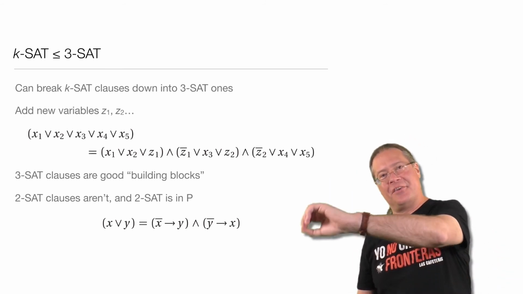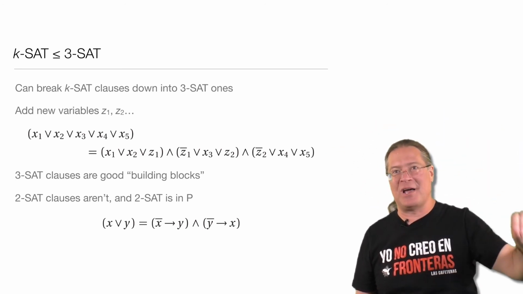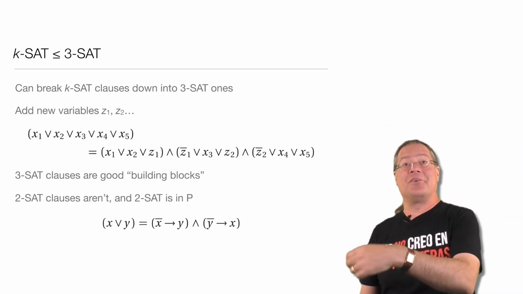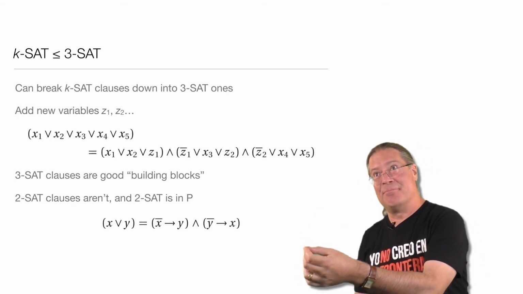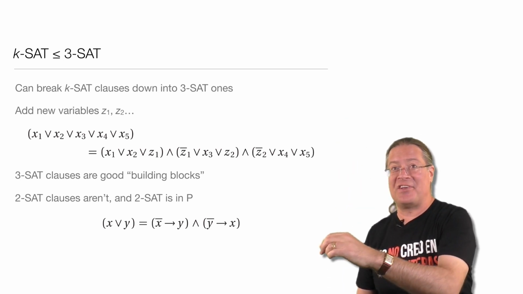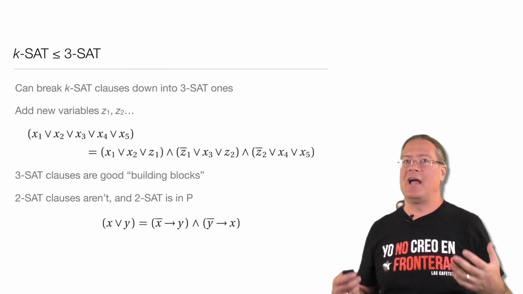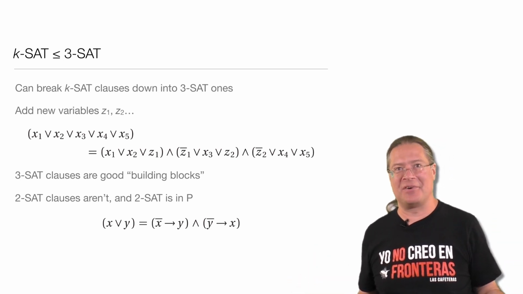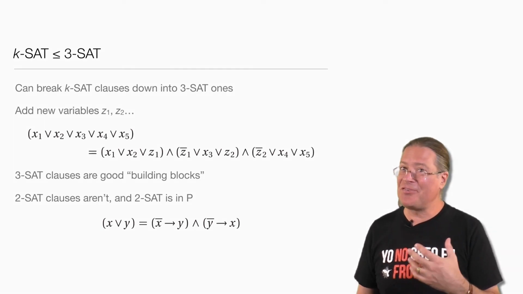If assuming X is false causes something else to be true, which causes something else to be false, which circles back to setting X true, but that causes some other chain reaction, which circles back to cause X to be false again, well, then you have a contradiction. And the formula is not satisfiable. So 3-SAT is NP-complete, 2-SAT is in P.